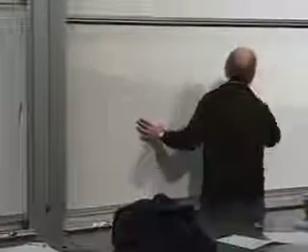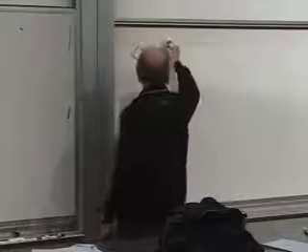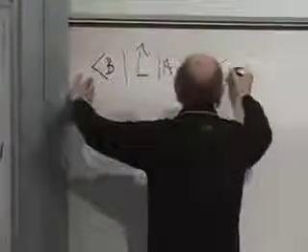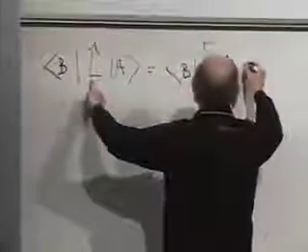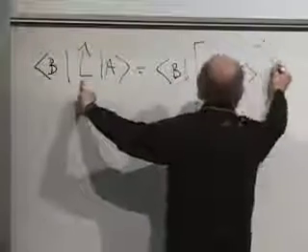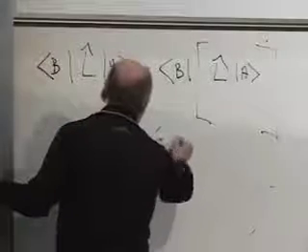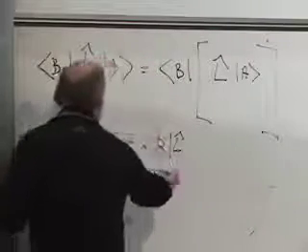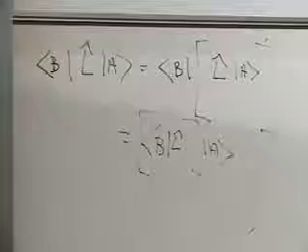And the notation has purposefully been made so that if we have a sandwich, <B|L̂|A>, we can interpret this in one of two ways: the inner product of B with, let's put a big bracket around it, using now the associativity, L hat acting on A, or as L hat acting to the left on B, and then inner product with A. That's the point of this particular construction.